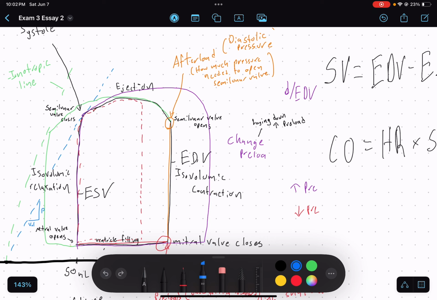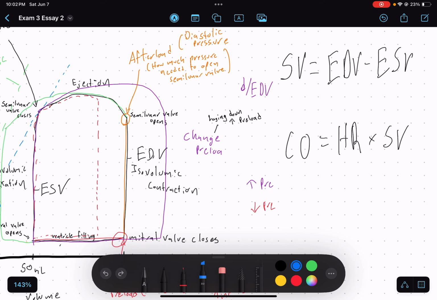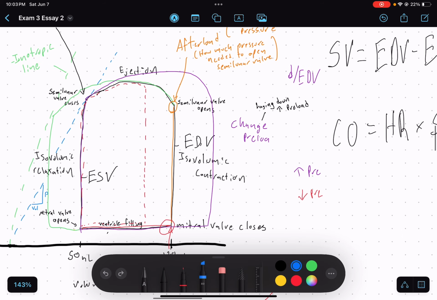And so one way that we can help increase our preload to our heart by increasing the volume is by laying down. This allows more blood to reach our heart as long as we're flat, not at an angle. If we're at an angle, it'll change that. Because our legs are up, we're getting blood not only from our head and limbs, but also more blood that we would normally get from our legs.